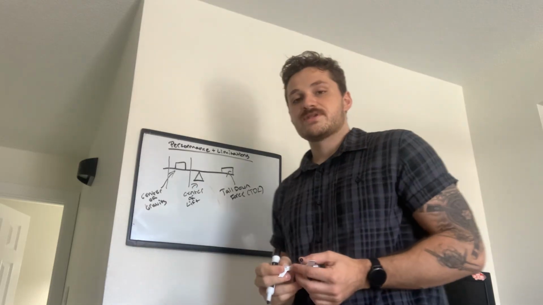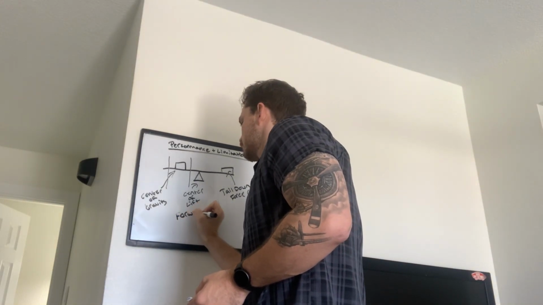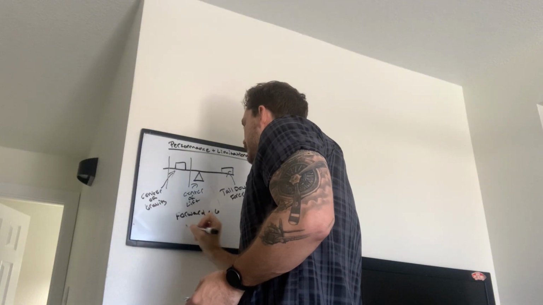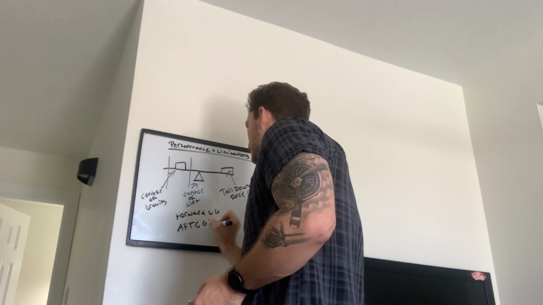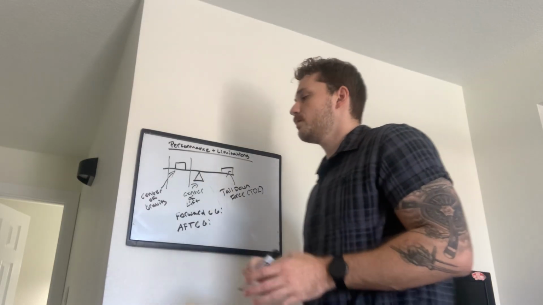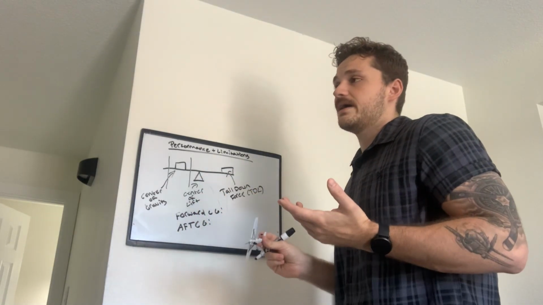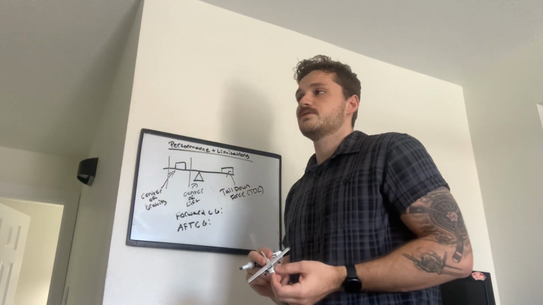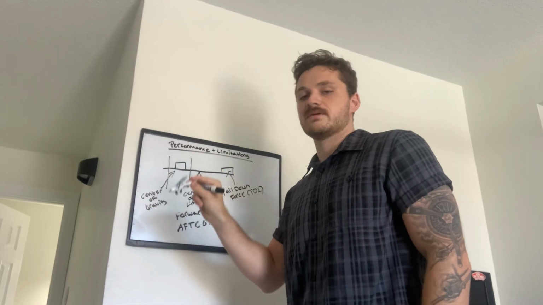Now, there's some characteristics with a forward CG and an aft CG. So with a forward CG, obviously we have more weight on the nose of the aircraft. So if we're trying to fly out, we get to our cruise altitude and we're trying to maintain altitude, if we don't increase back pressure, we're not going to be able to maintain altitude.